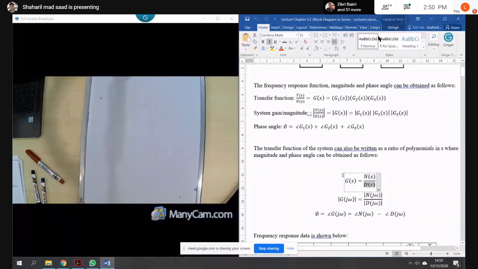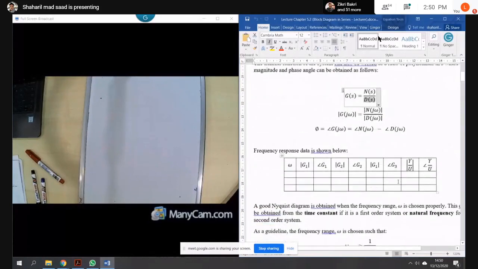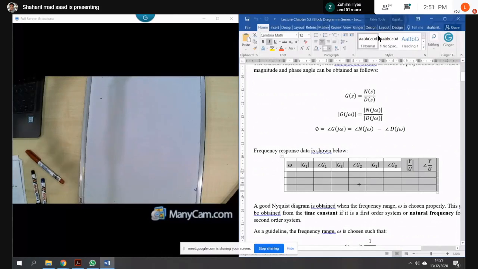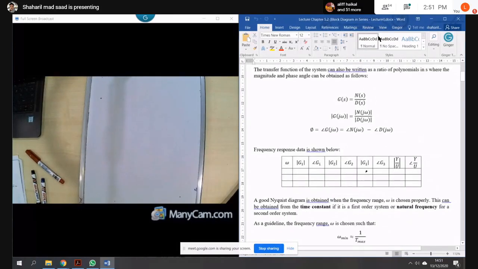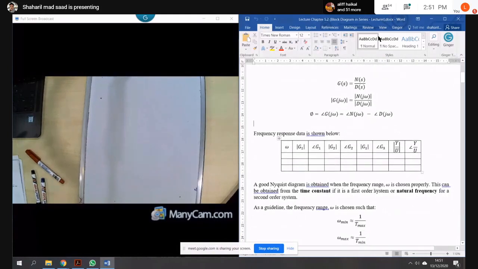If you have the numerator, you just add. This is the way to do that. You need to derive a lot of tables. This is what other sections teach, right? But in my class, I don't want to use this method. I will show you how to do that.